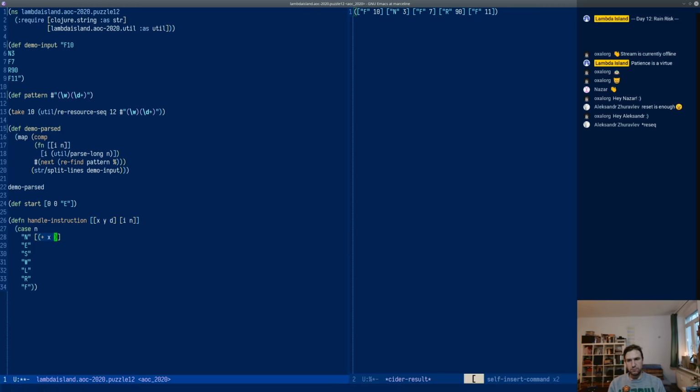So in this case, everything stays the same except X. And here, everything stays the same except Y. And then going south is the opposite of going north, and going west is the opposite of going south.